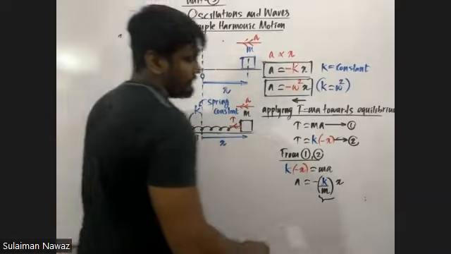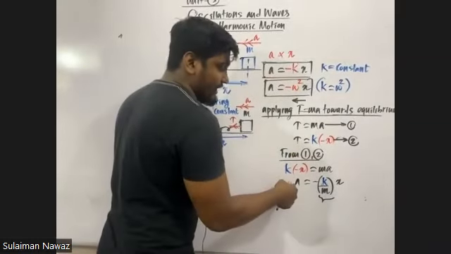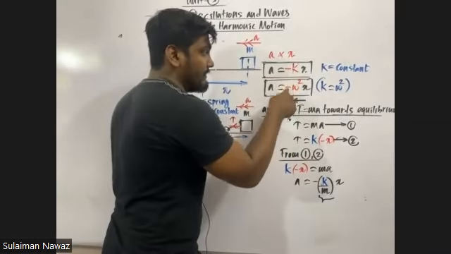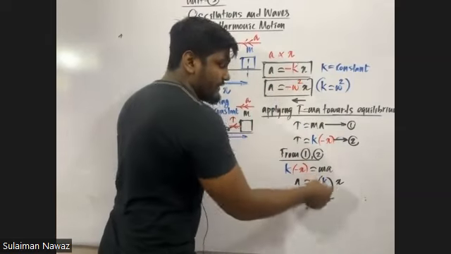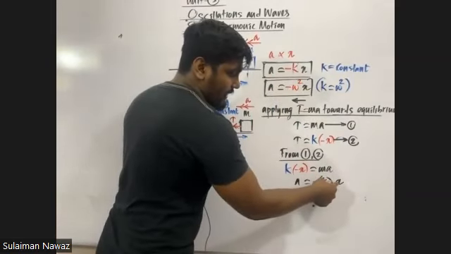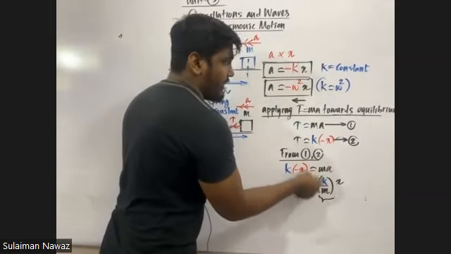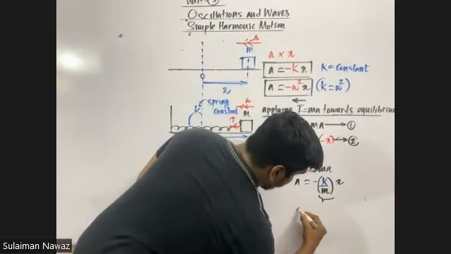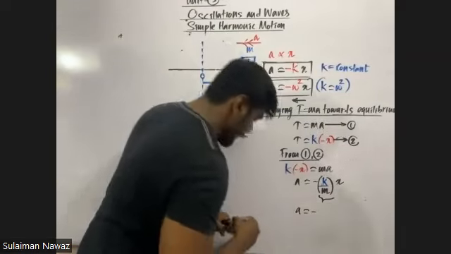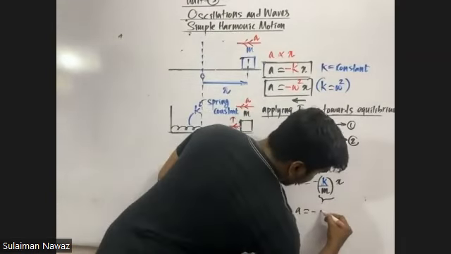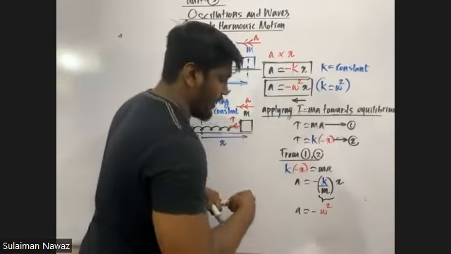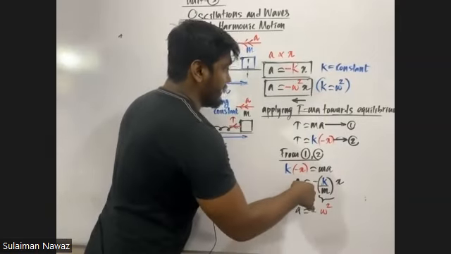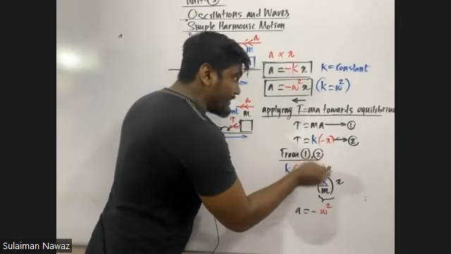Omega squared. Because the acceleration a equals minus omega squared x. Right? Then what is this k over m? k over m equals omega squared. Because in a equals minus something times x, this k over m acts as omega squared.